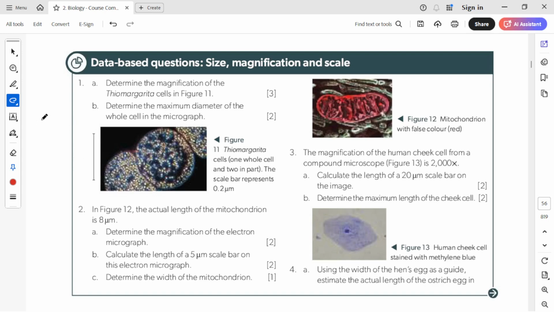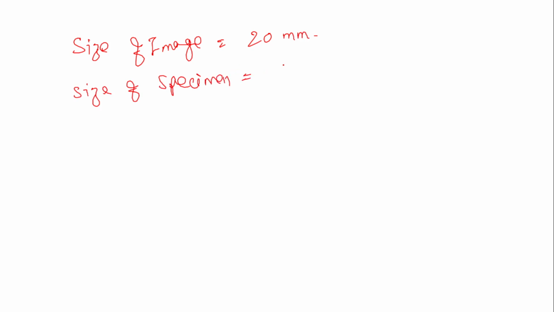First of all, we will use the scale bar and measure the cell. What I have found is approximately 20 millimeters. So this is the size of the image. Let's do it on a page. The size of the image is equal to 20 millimeters, and the size of the specimen is 0.2 micrometer.